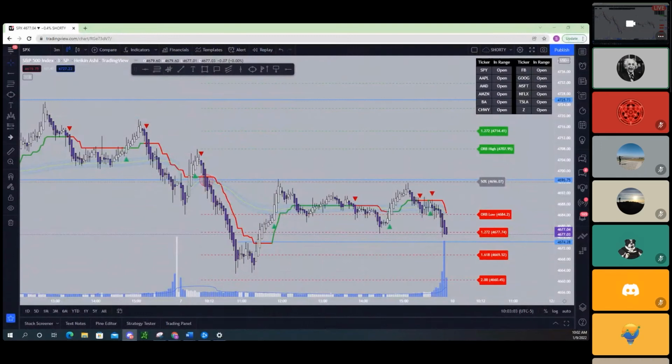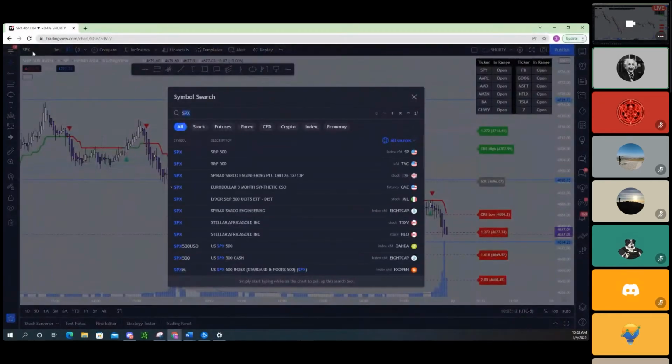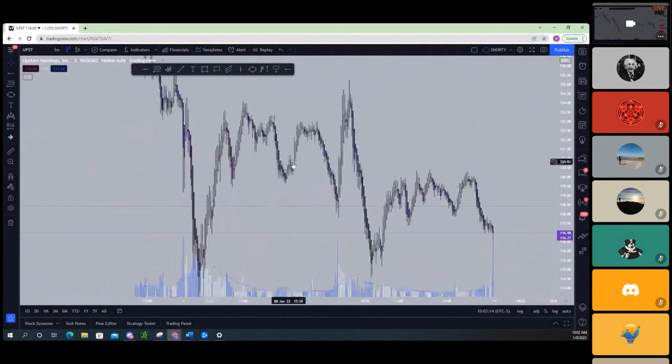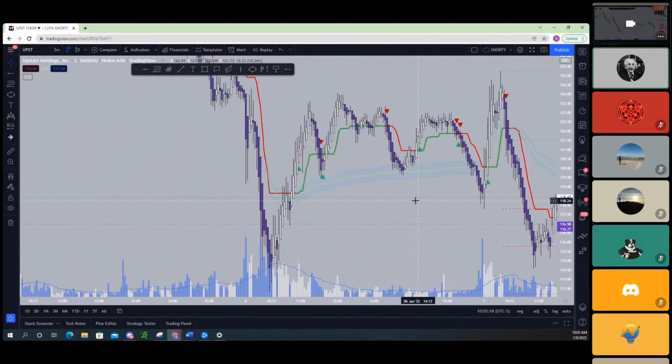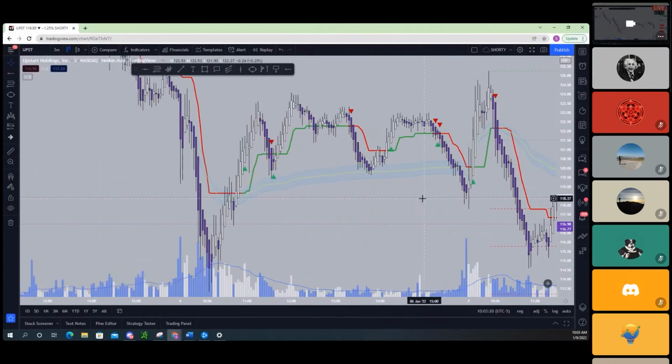It is making higher highs plus higher lows, which is your bullish trend, and it just keeps going. It basically creates mini flags, and it just keeps going on. UPST had a couple of nice trending days, a few days, well, now I can even say a couple of bearish trending days.